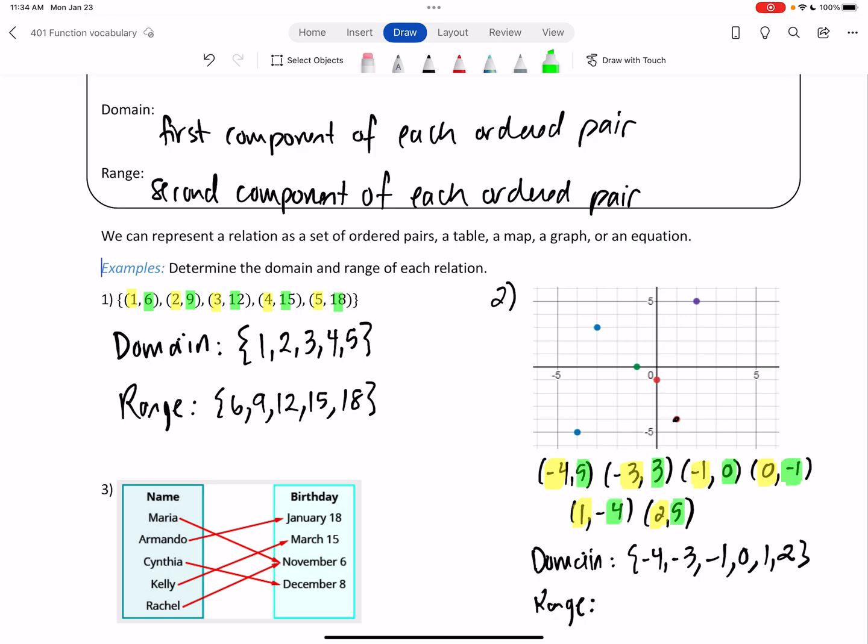So -5, 3, 0, -1, -4. Oh, that first one was a -5. So this should be a -5, and then 5. And so I just took each of those points, I made them an ordered pair, I listed the domain, which was all the x values, and the range, all the y values.